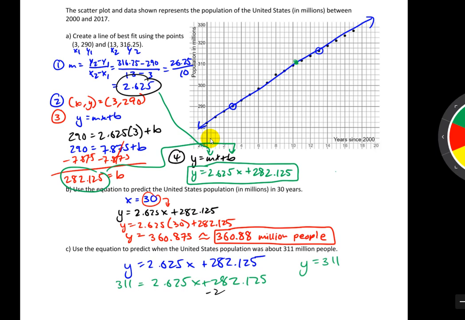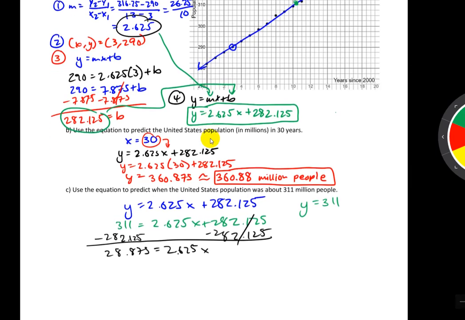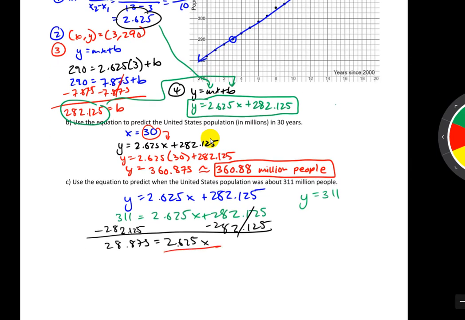We need to subtract 282.125, so 311 minus 282.125 is going to be 28.875 equals 2.625 times x. Now we're going to divide to solve for x. 28.875 divided by 2.625 is going to be 11. So x is going to be 11.